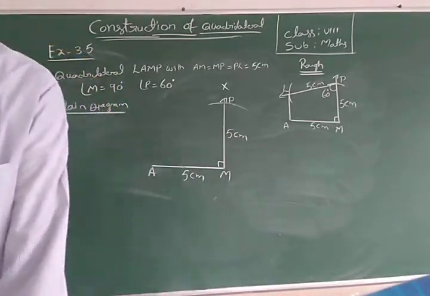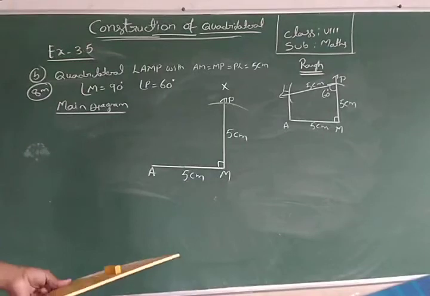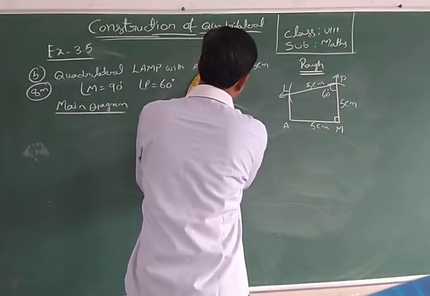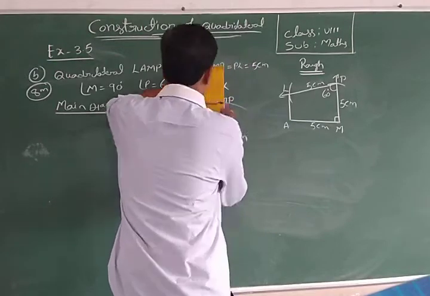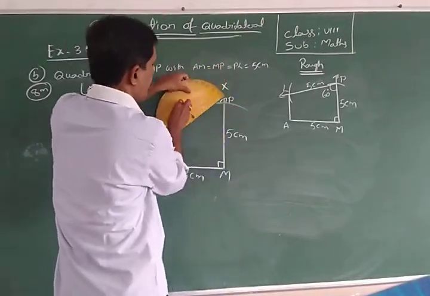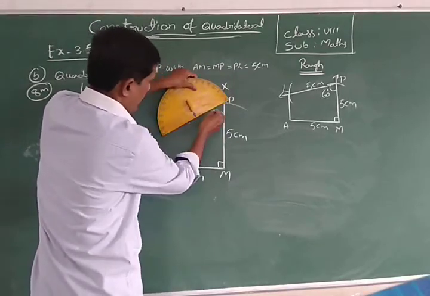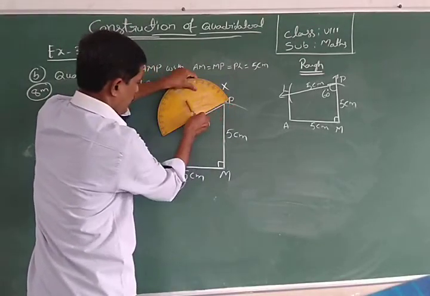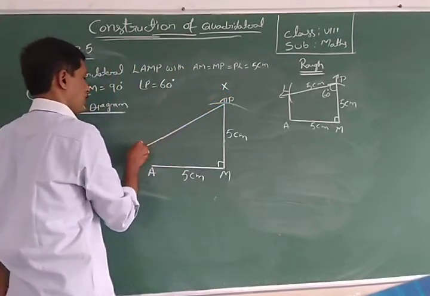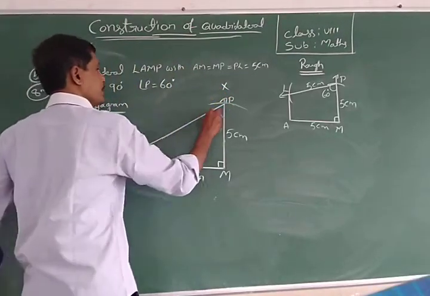Next one, take P as the center, measure 60 degrees. Therefore this side is there. Draw the arc that is 60 degrees.